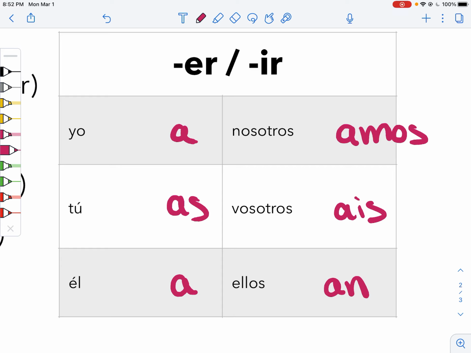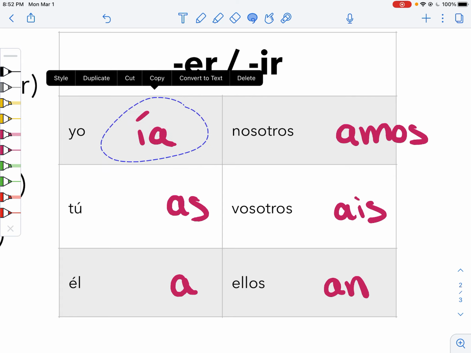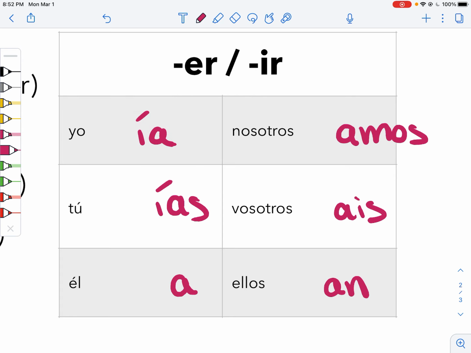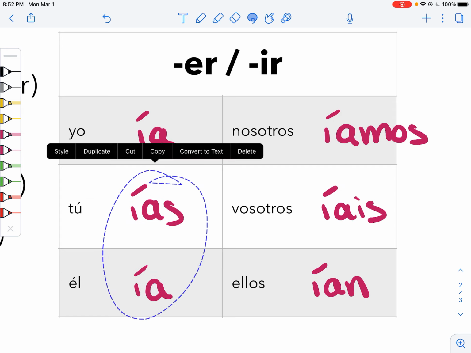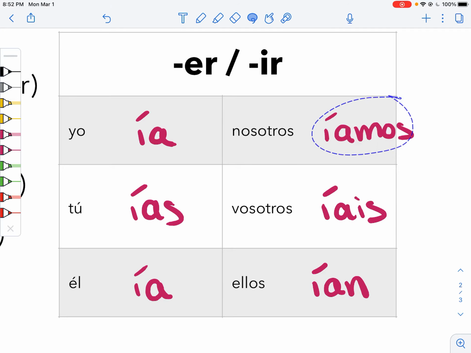Okay, but it's not aba, it's just ía. So we have ía, ías, ía, íamos, íais, ían, and that's it. That's the endings that go on your ER and IR verbs.